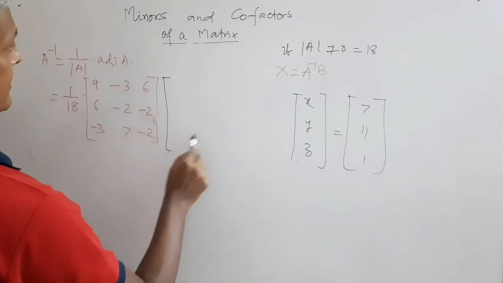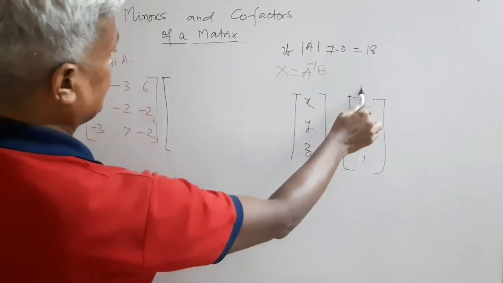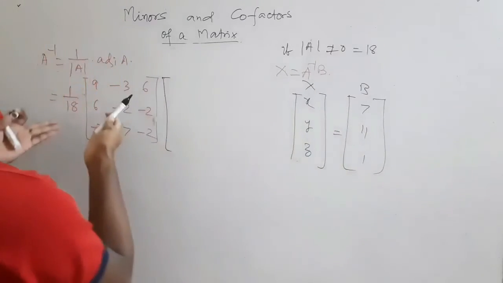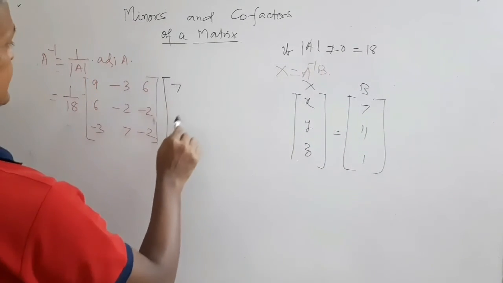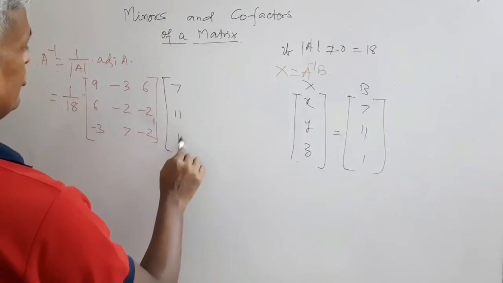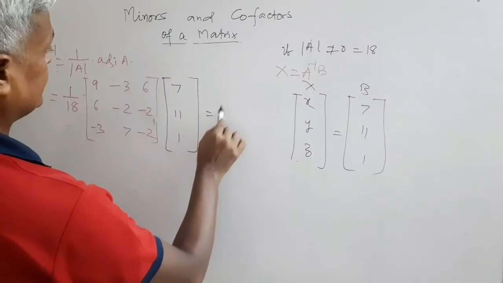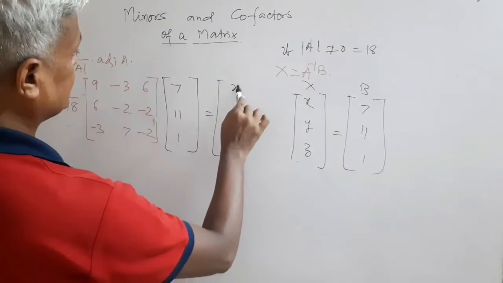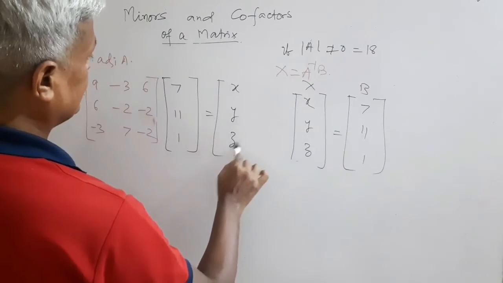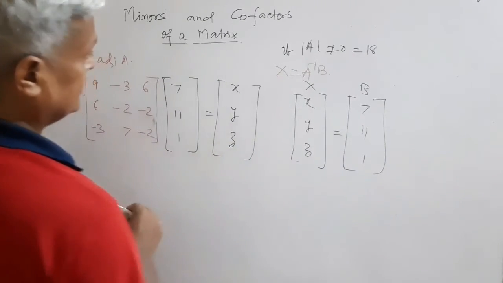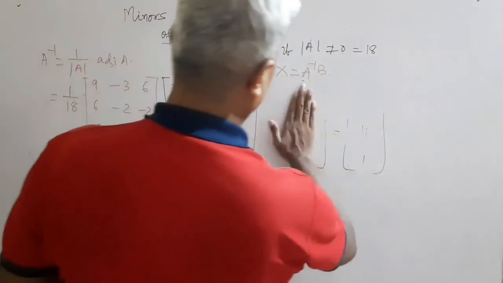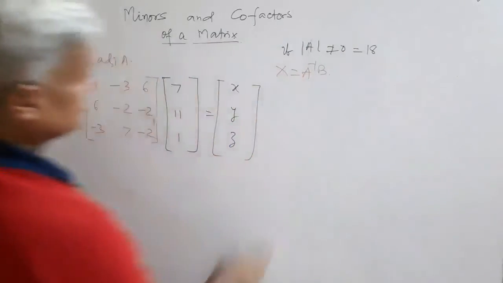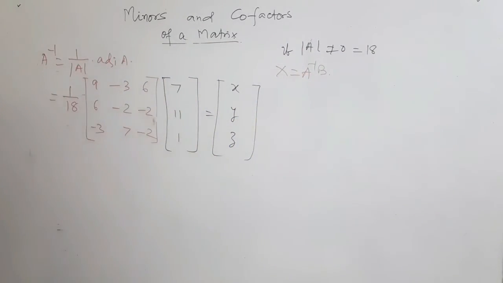Here I write A inverse B. This is my B and this is my X, which is X, Y, Z, like this. Now this part I don't need anymore, so gone. Now I need to multiply.